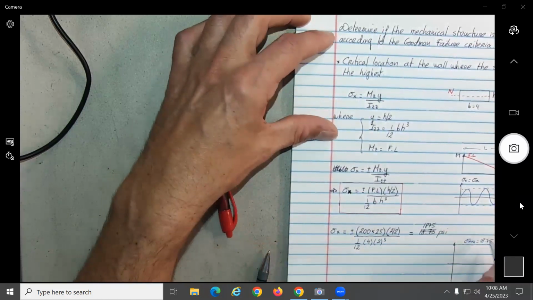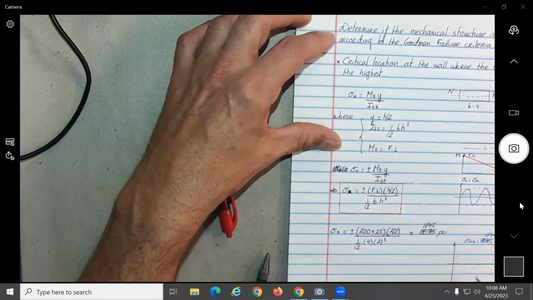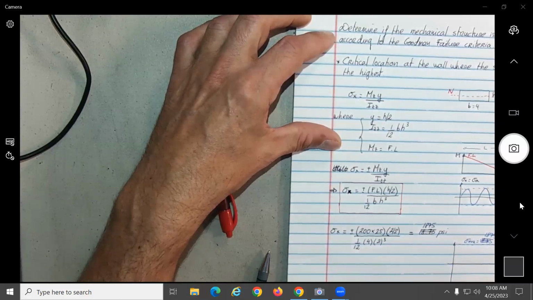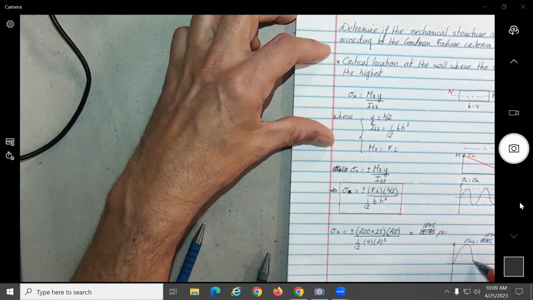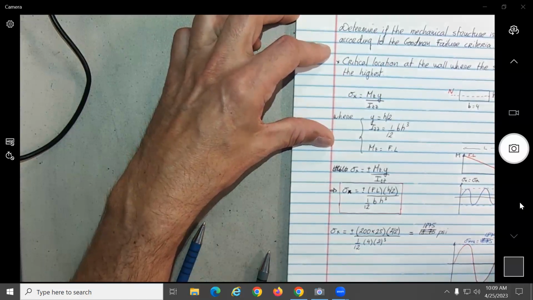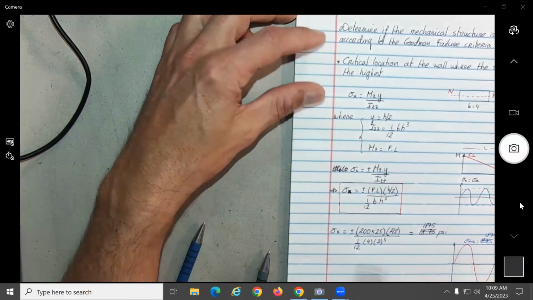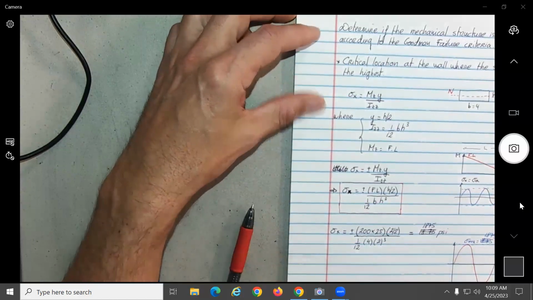So here the same thing. Sorry for that. And then here, this will be the minimum value, which will be negative 1875.